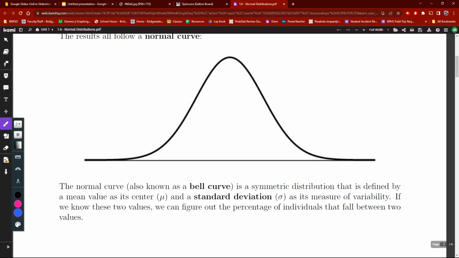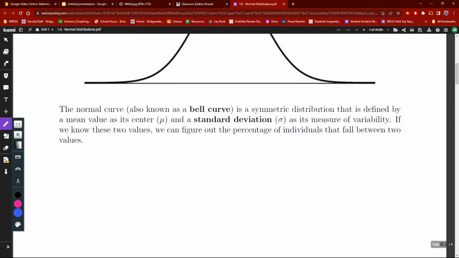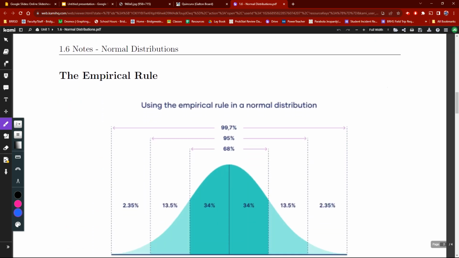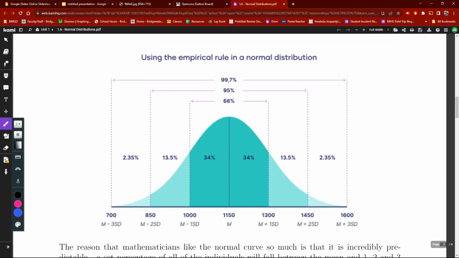Okay, so let's talk about this rule, because there is a special rule that sets out the percentage between certain standard deviations. We call this the empirical rule. You might hear me also refer to it as the 68, 95, 99.7 rule, or sometimes people call it the 3 sigma rule.